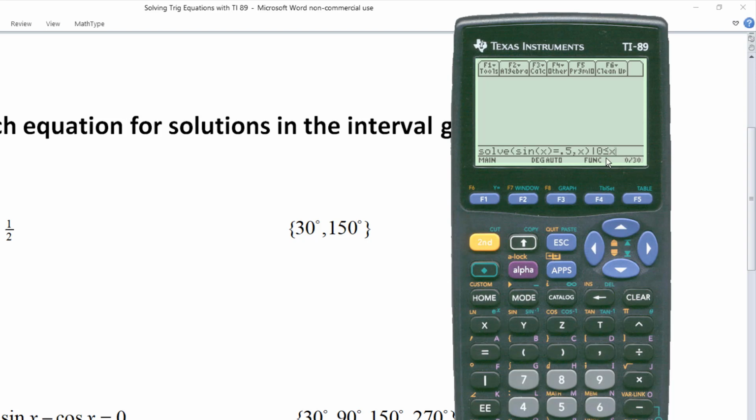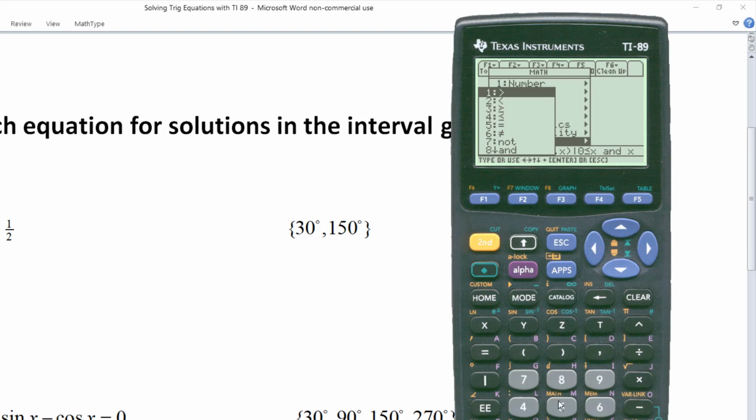I could say less than or equal to 360 here, but that's not going to work in this case. The calculator wants the word and here. So again, I go back to the math menu, second, 5. Again, I want 8. I want the word and, so I hit 8 again. And then I want x to be less than 360. So I go back, second 5.